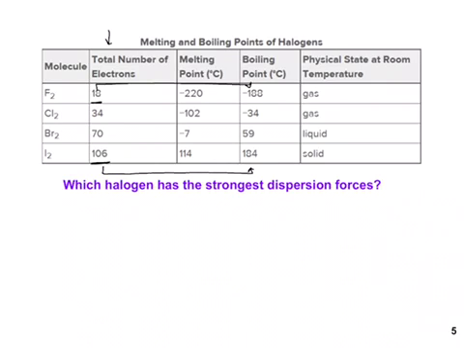So we can figure out that iodine has the strongest dispersion forces because it has the greatest number of electrons. And so generally speaking, you can maybe assume that when a substance is a solid at room temperature, it's going to have fairly strong dispersion forces.